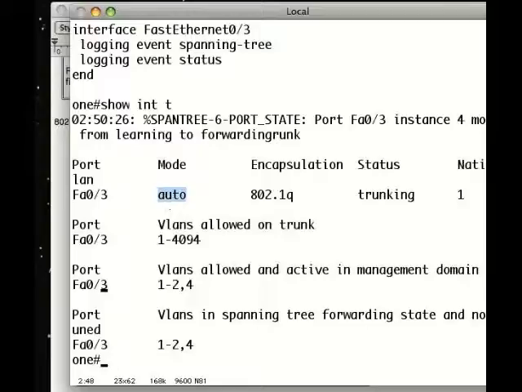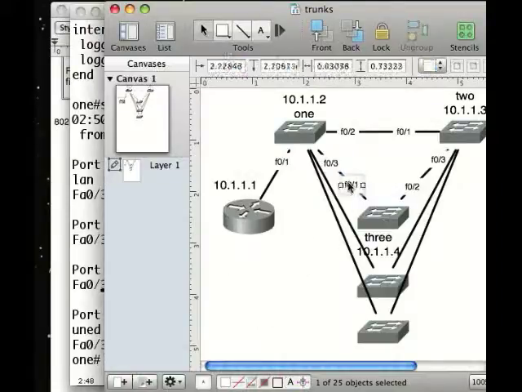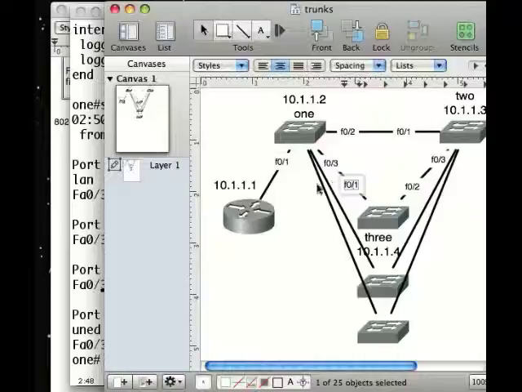On the other switch down here, I configured mode on, which says I really want to become a trunk, and I actually thought that meant it won't even speak the protocol. But apparently when you set trunking mode to on, it still speaks the Dynamic Trunking Protocol. So fast Ethernet 0/3, because it's mode auto, is talking to the other end, and the other end says, hey, I'm becoming a trunk whether you want to or not, so since you're in auto mode, how about you become a trunk? And 0/3 in auto mode says, okay, I'll become a trunk.